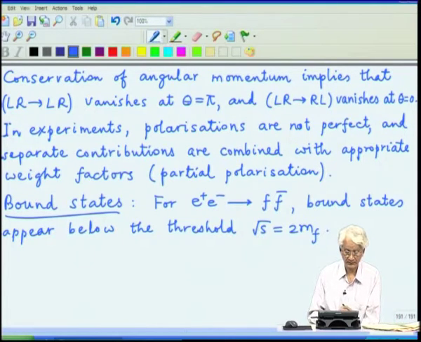In particular, we need to include the features of bound states on top of the perturbation theory. The perturbation theory per se cannot produce a bound state, it is a natural formalism for dealing with scattering, and we need to sum up an infinite series in scattering if we really want to see the bound states.